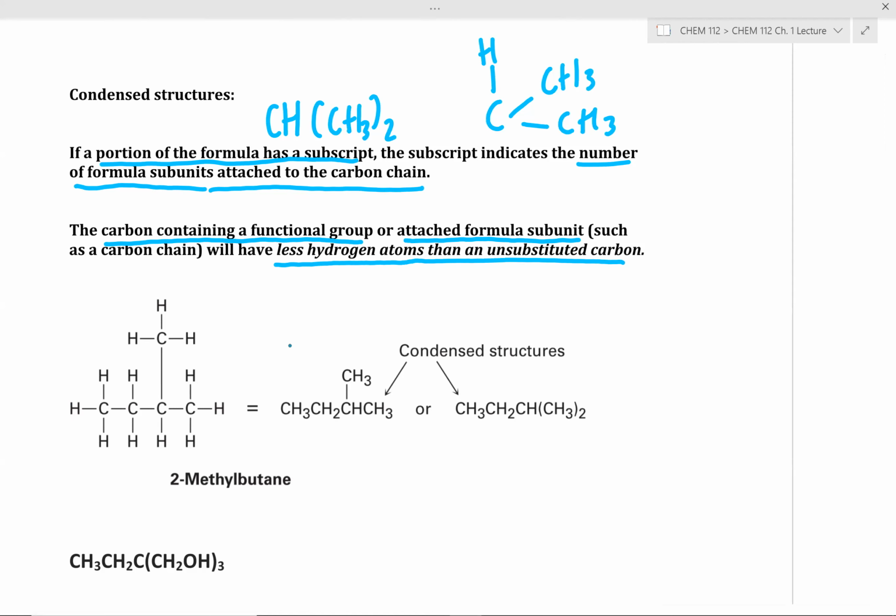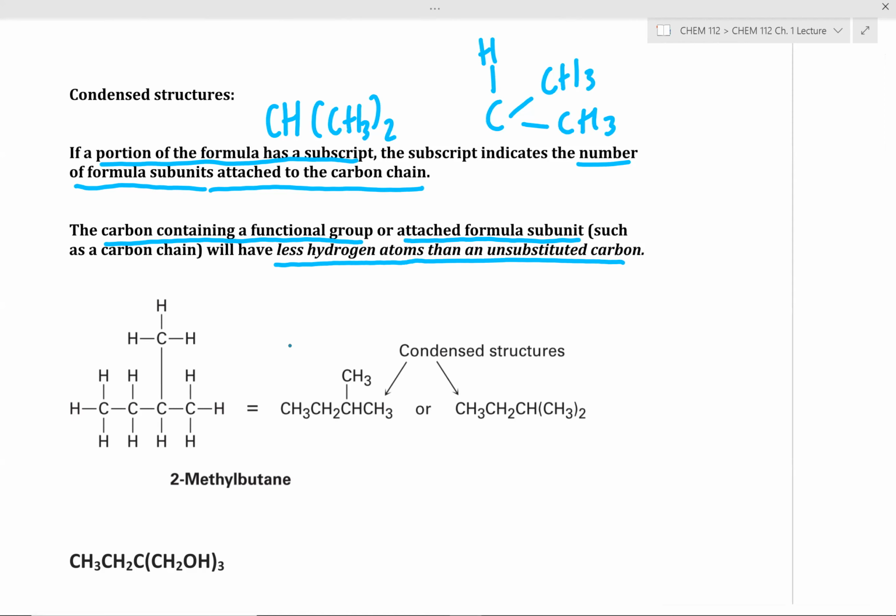And the way we can tell that they're attached to this specific carbon is because it has less hydrogens than a straight chain carbon. Does that make sense? Does everyone notice if you compare these 2 carbons, under normal bonding conditions, we would have a CH2. Since we have something else attached to our carbon, we have a CH. Does that make sense? So this is how you know where to place your functional groups and where to place your chains in condensed structures.